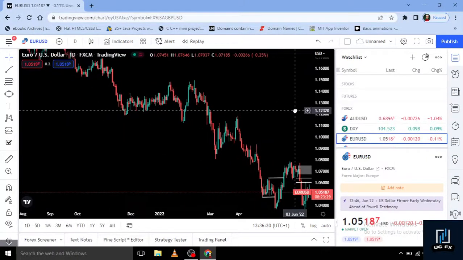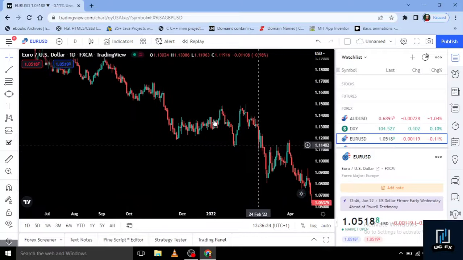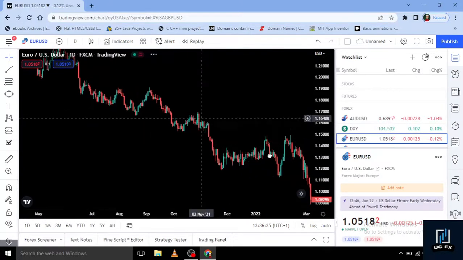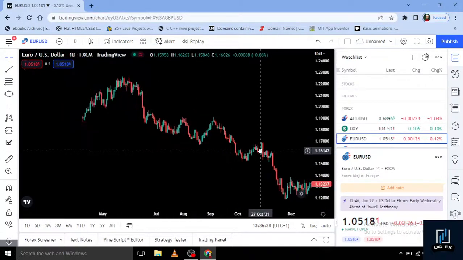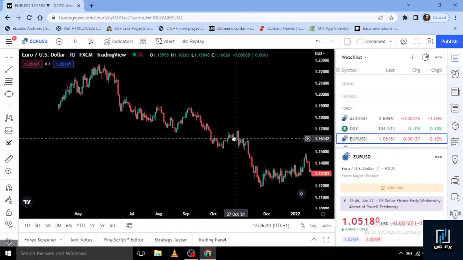Okay, this is the daily time frame. As you can see, the market has been bearish all along.